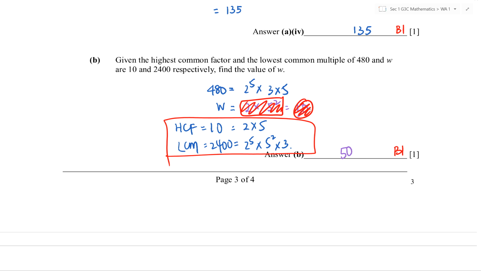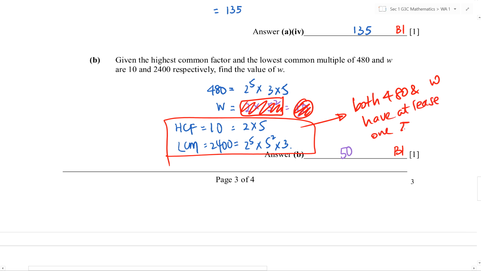Which means that both 480 and W have at least 1, 2, and 1, 5 as the prime factors. This is based on the HCF.